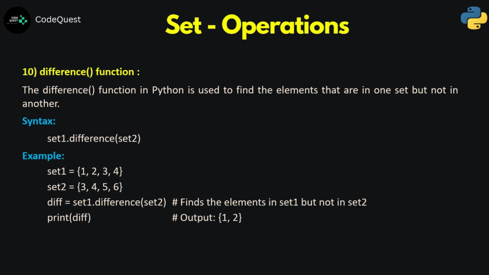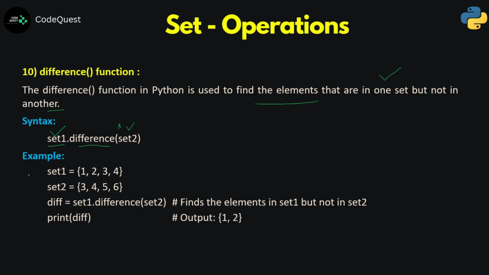Now the difference function we can use to find the elements that are available in one set but not in the other set. For example, the syntax is, let's say we have set 1, you are applying difference function on say set 2. So this is going to give me everything that is there in your set 1 but that is not available in set 2.